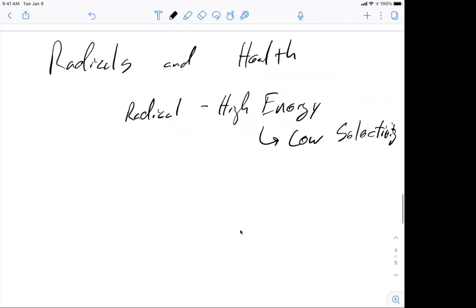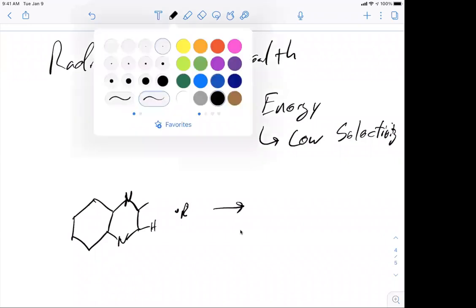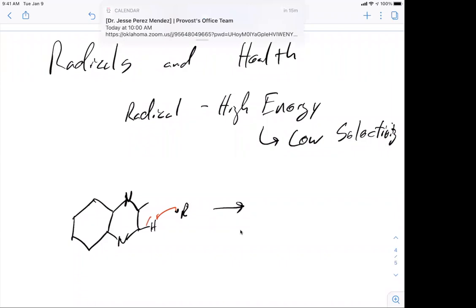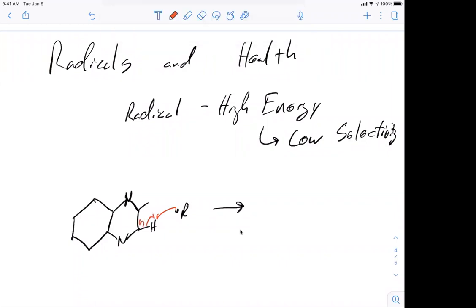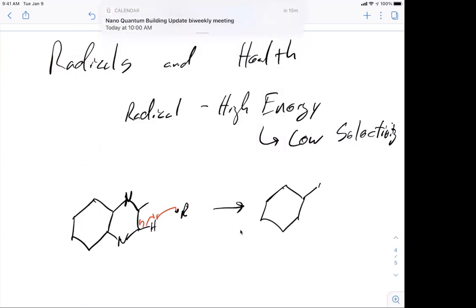What that means is that if I have some species out there and I bring in some radical, that radical could abstract a proton. And then that radical can go add a lot of things.